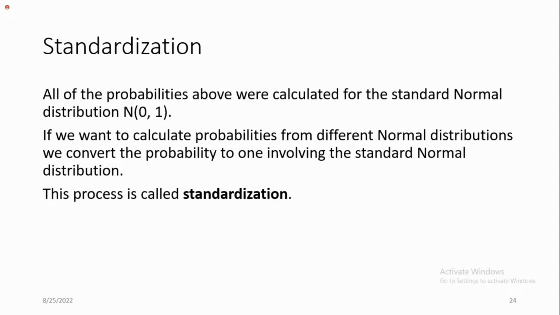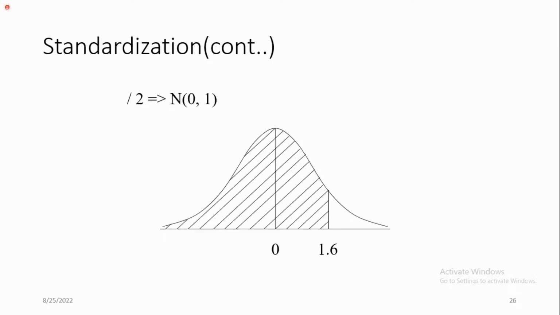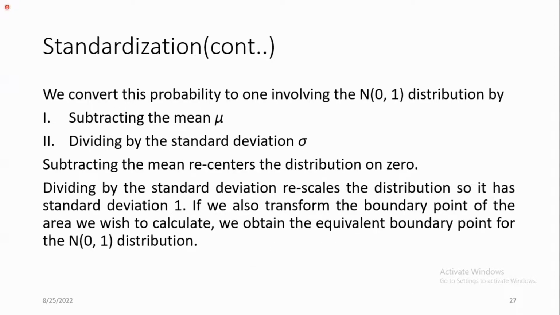Okay, I'm going to give you the formula for that process. If you want, you can read these slides. I'm not going to discuss this slide. I will directly move on to the method.